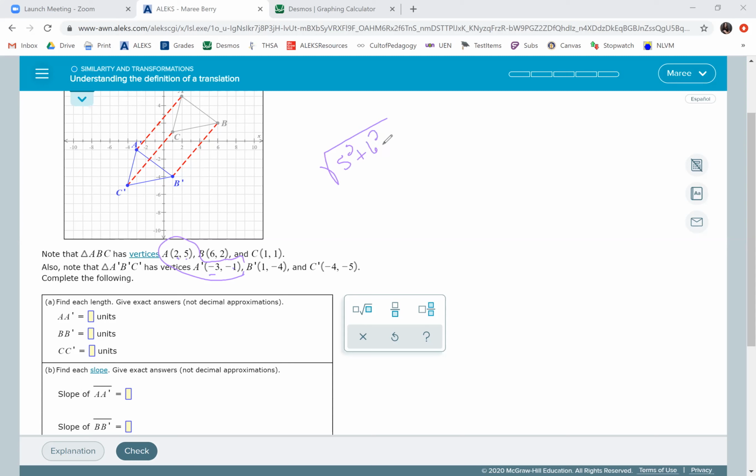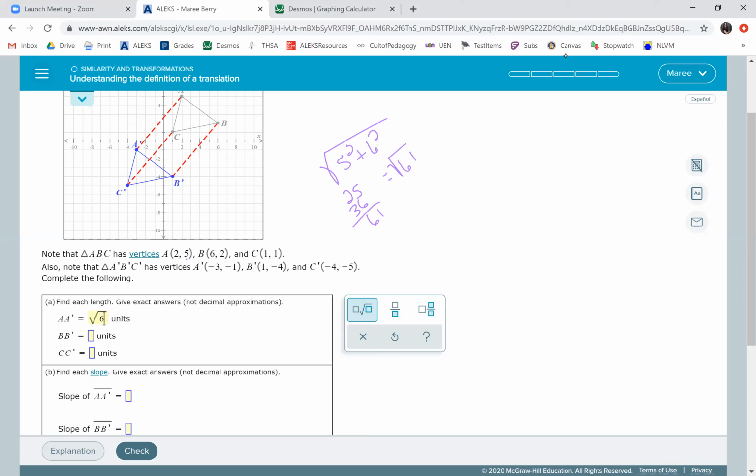We're just finding the distance between the x's and the y's, squaring them, and then taking the square root. That's how we find the distance between 2 points. So it's the square root of 25 plus 36, which is the square root of 61. So that's going to be between A and A prime.